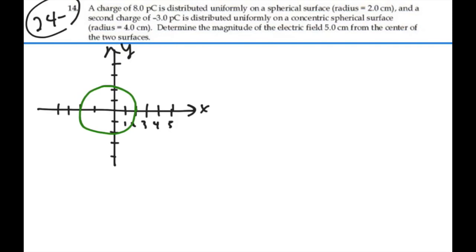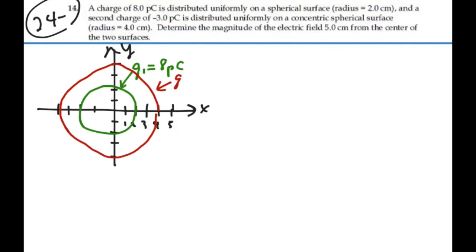Looking as best as I can draw it. The charge on this sphere, let's call it Q1, is equal to 8 picocoulombs. Then we have another sphere, radius 4 centimeters. And the charge on this sphere, let's call it Q2, is equal to -3 picocoulombs.